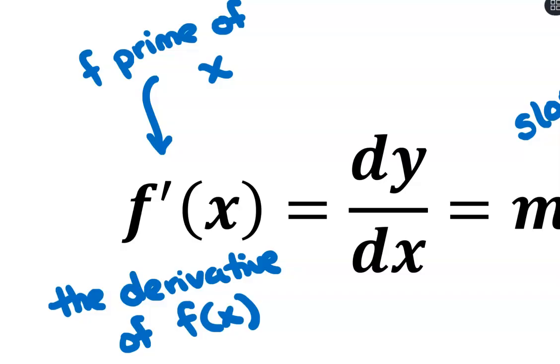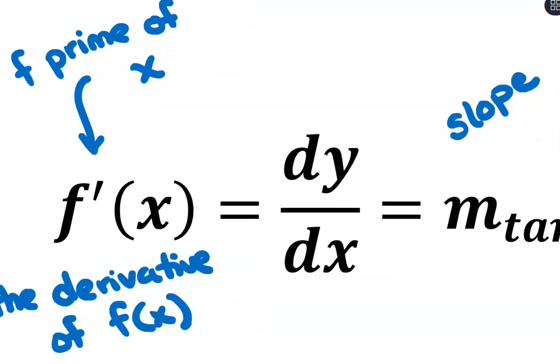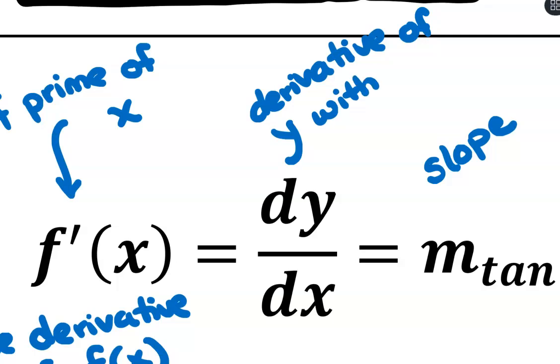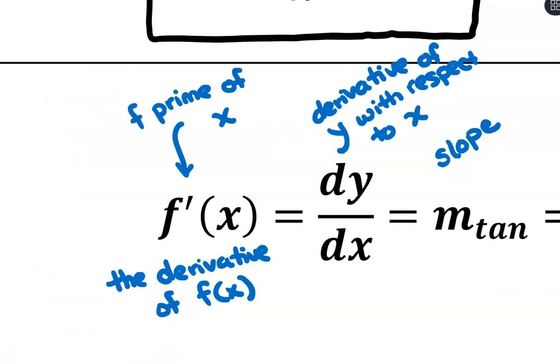This next one, we read just as it is, dy dx. It could also be read as the derivative of y with respect to x. Really you could think of these two as a difference of using function notation versus y equals some function of x notation, but those can also be used interchangeably. So you'll see both come up.